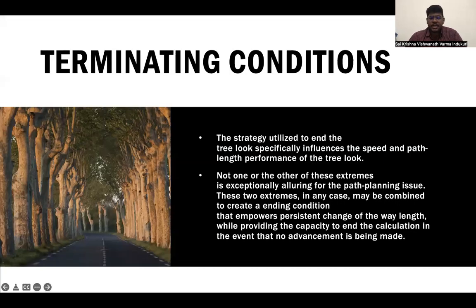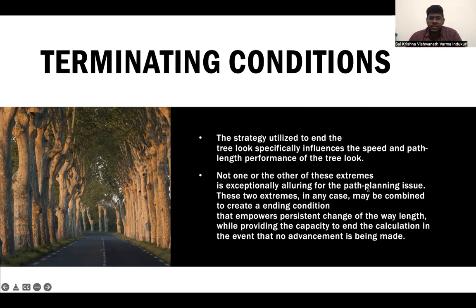And terminating conditions. The strategy used to end the tree search directly influences the speed and path length performance of the tree search. On one extreme, the search runs until the heuristic change is zero, thus ensuring that the minimum length path has been found, but potentially requiring a significant amount of running time.